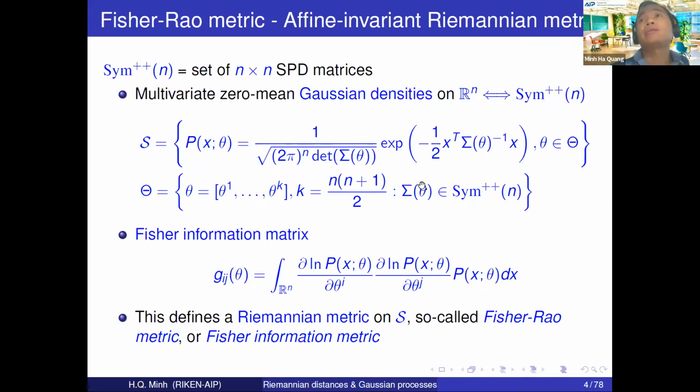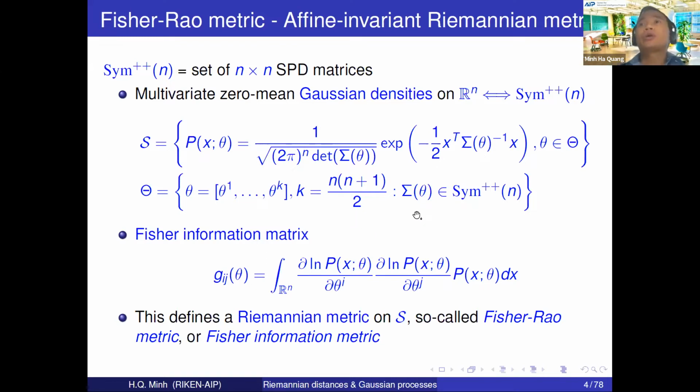Since it's symmetric, we just need to parameterize the upper half of the matrix, so it has n times n plus 1 over 2 parameters. So we can parameterize it by a set theta in Euclidean space, and it's an open set.